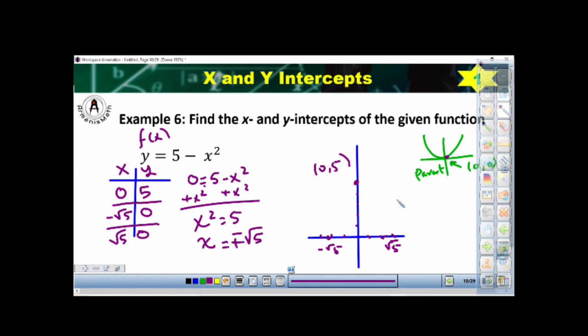The question now, how does this look? I thought this is a happy face looking up. Well, look closely. If it's a happy face, that means this guy is positive, but this guy is not positive. Which means I actually am looking down, meaning I'm a frown face, like this.